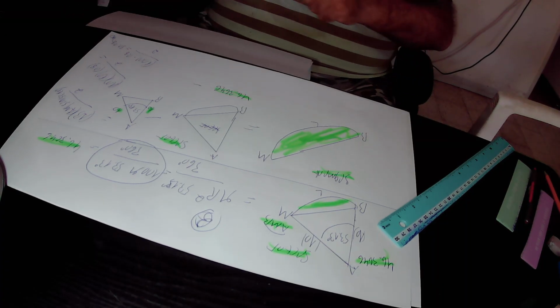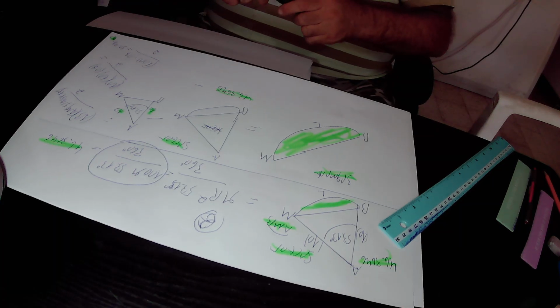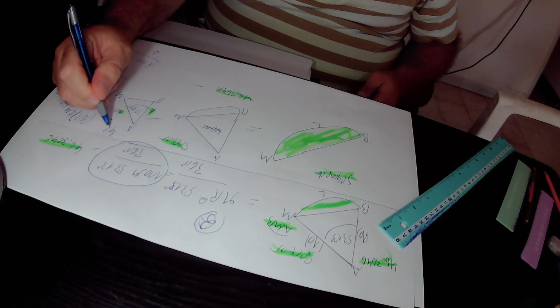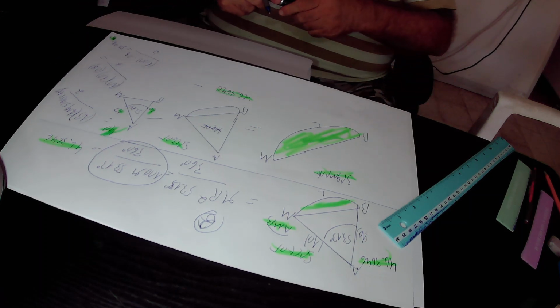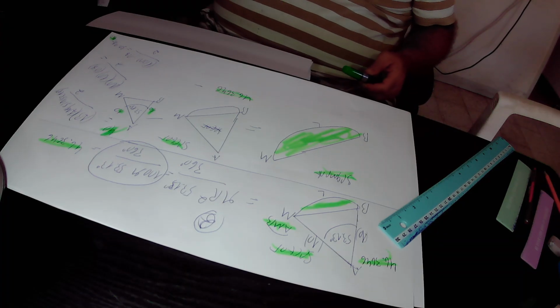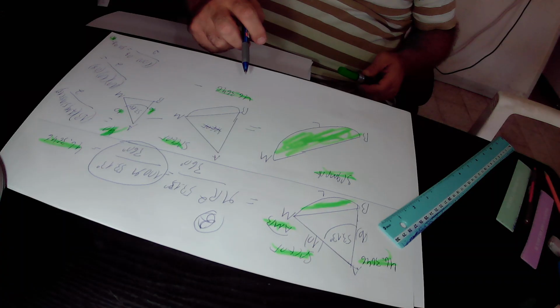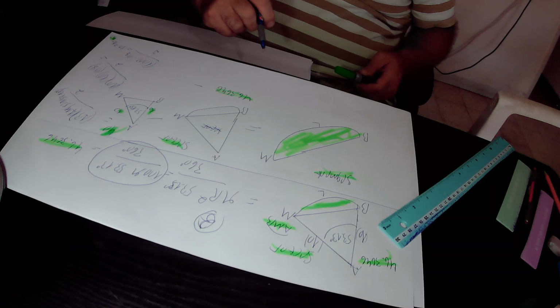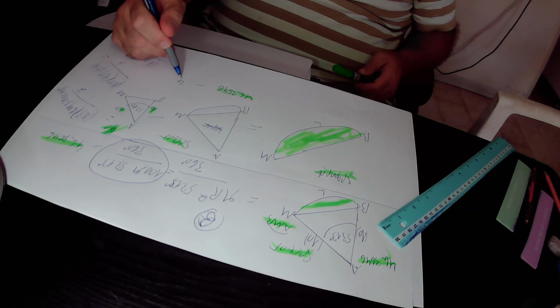So in total we found that the area of this triangle ABM equals 40 square units in size.